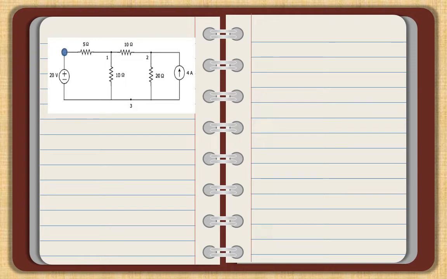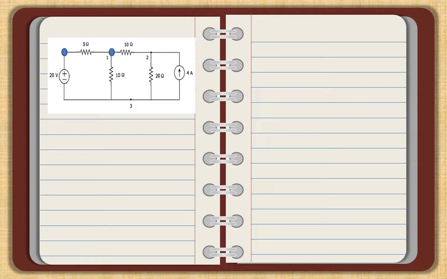In this circuit, the blue dot is one of the nodes, which connects two components, a 5 ohm resistor and a 20 volt voltage source.